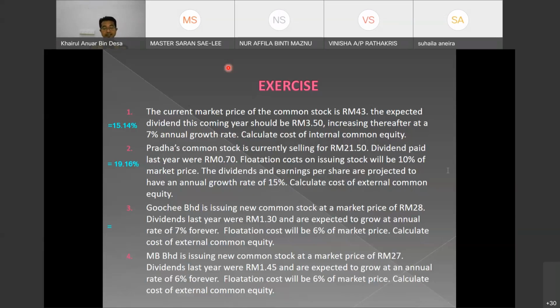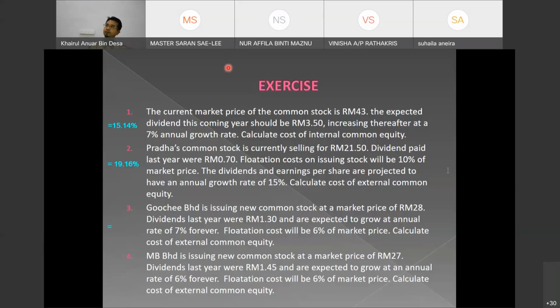That is the dividend not really paid by the company yet. Another keyword is last year dividend, meaning already paid dividend, which does not include the dividend growth yet.